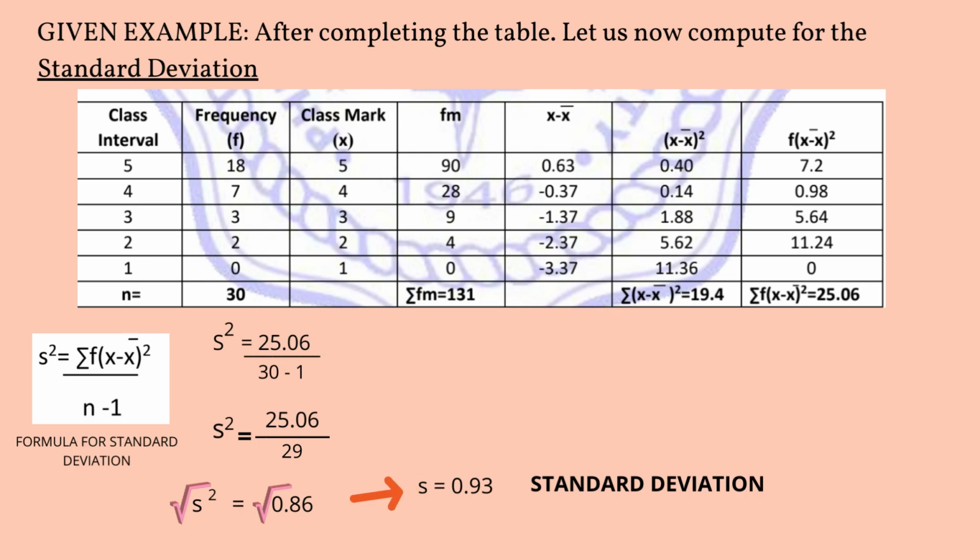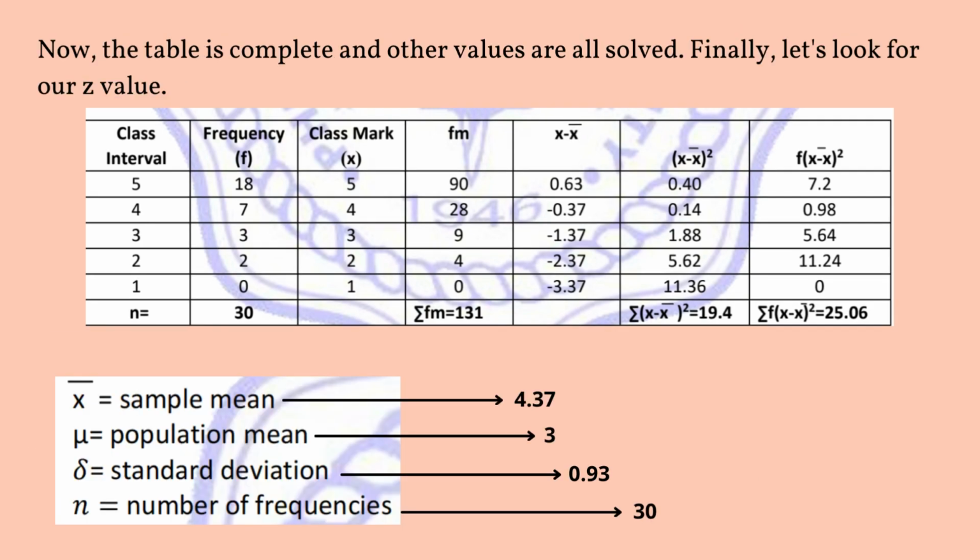So ngayon, ang susunod na process natin is, ayan, let's look for the z-value na. Okay, so ito yung table natin. Nandito yung mga formulas. Nandito yung mga given natin. So, yung ating sample mean is 4.37.